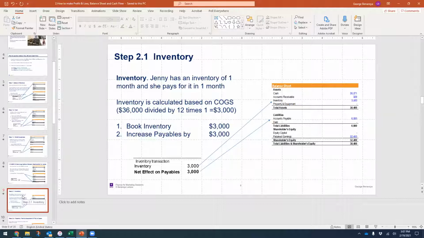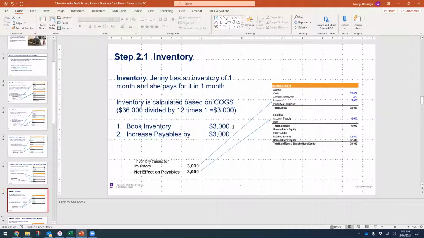And we always use cost of sales to calculate inventory. So if it's 1 month and the cost is 36,000, we do 36,000 divided by 12, and that will give us $3,000. So that will be her cost of sales for the inventory she has. So we're going to book inventory for $3,000.